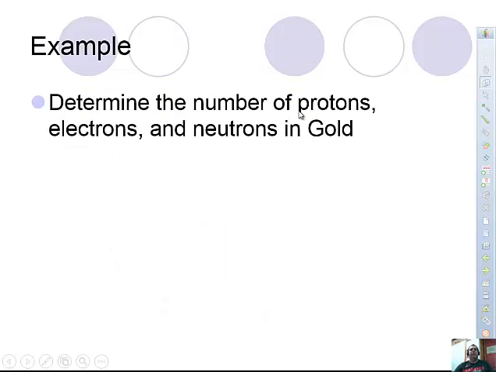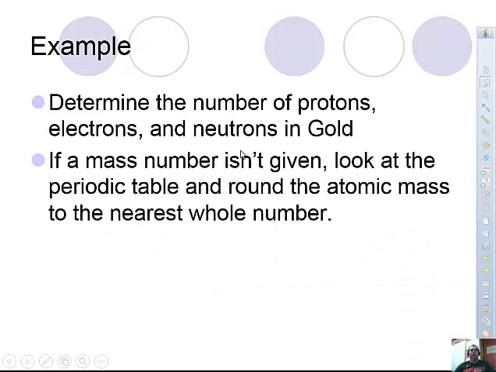It says determine the number of protons, electrons, and neutrons in gold. So first thing you're going to do is notice a mass number is not given. So what you need to do is go to the periodic table, look it up, and round that atomic mass to the nearest whole number.